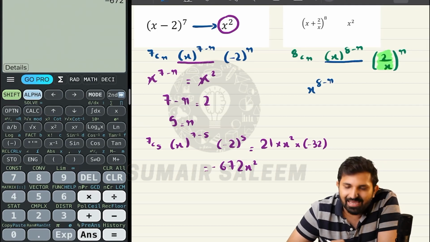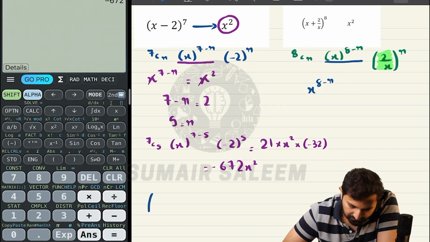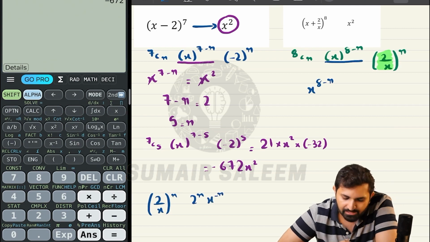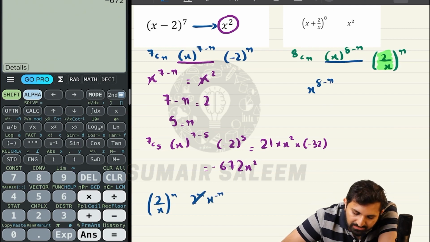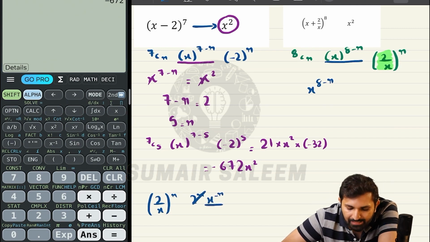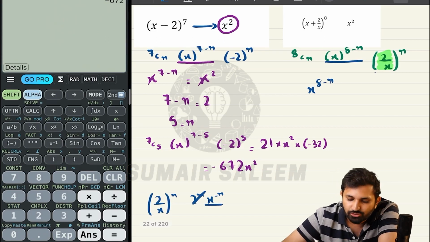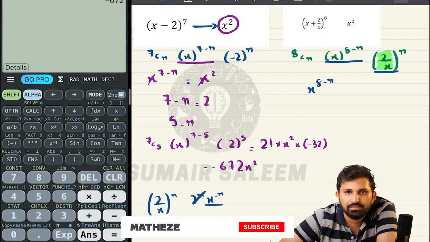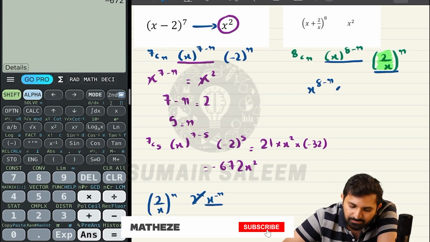If you notice, x is in the denominator. Now see, it's 2 upon x power r. If I bring x in the numerator, it's going to become x^(-r). Do you agree? My focus is not 2. My entire focus is on x. So in this part, in the second term, x power is minus r.